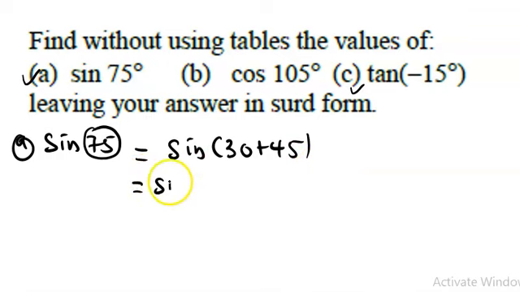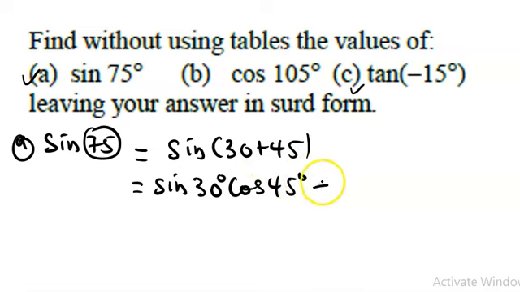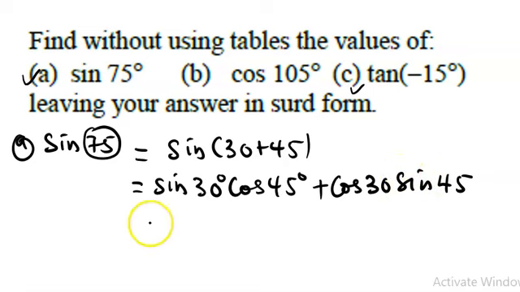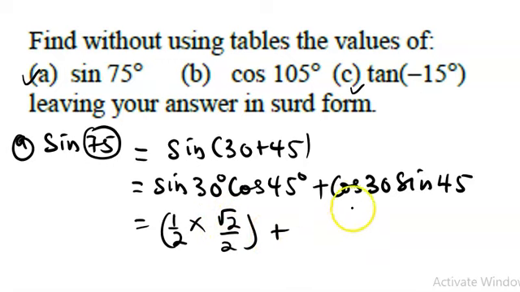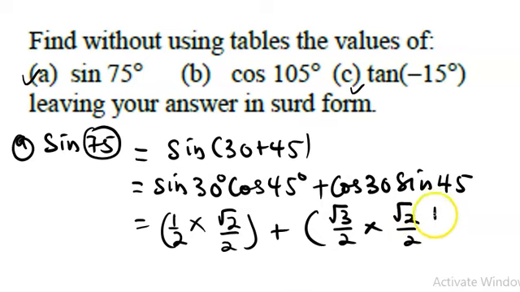So this is sine 30 degrees cos 45 degrees. Because it is plus for sine, the sign will be maintained, and then we change: cos 30 sine 45. So now what is sine 30? That is 1 on 2 times cos 45. Cos 45 is root 2 on 2, plus cos 30, which is root 3 on 2, times sine 45, which is root 2 on 2.